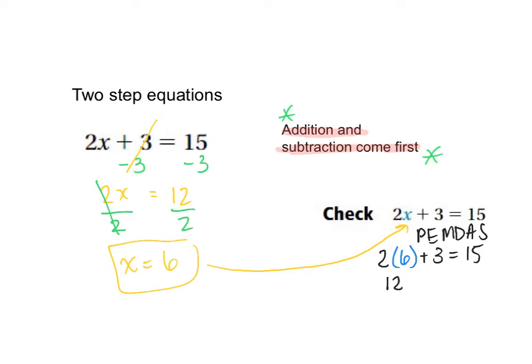Okay, don't forget about PEMDAS. We're going to use it for the whole year. So 12 plus 3 equals 15. This becomes 15 on the left side and then 15 on the right side, saying that they're equal. That is correct. That's a true statement. So we know that our answer, x equals 6, works.